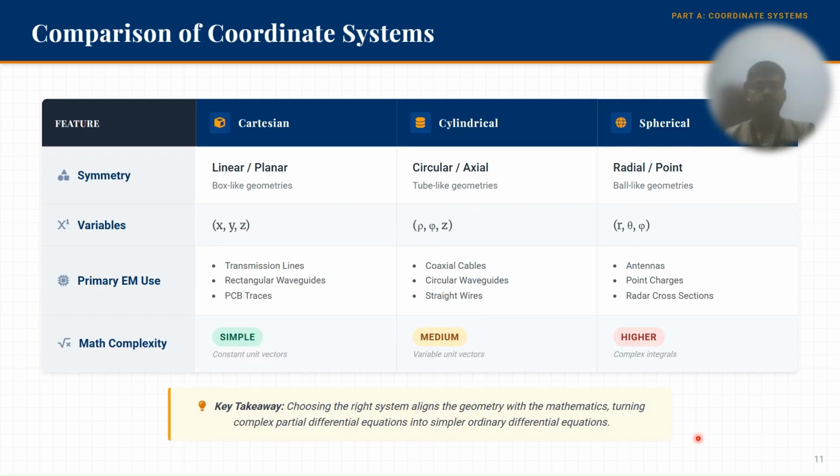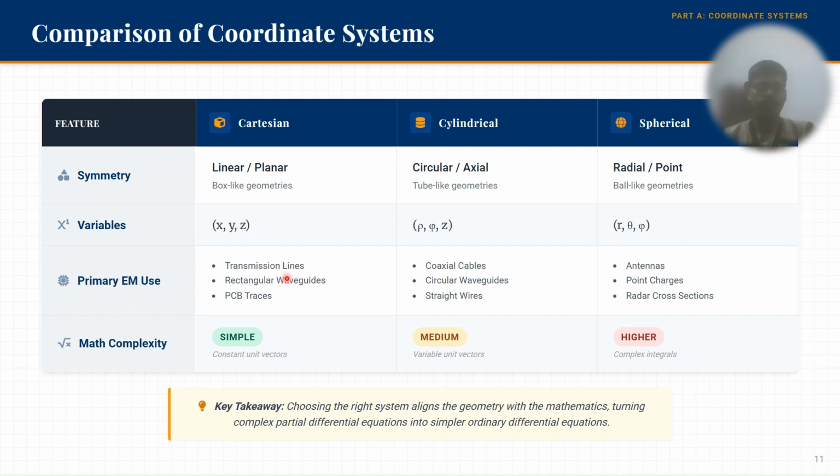So this is the brief summary of the first part on coordinate systems: box-like geometry for the Cartesian coordinate system, tube-like geometries for cylindrical, and ball-like geometries for the spherical coordinate system. The variables are x, y, z; rho, phi, z; and r, theta, phi for the three different cases.